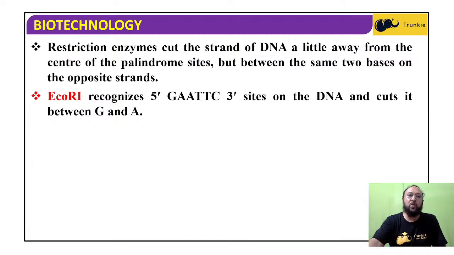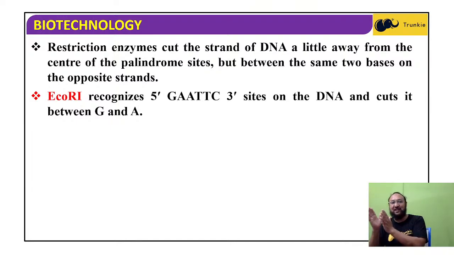So EcoRI recognizes the 5' GAATTC 3' site in the DNA and cuts between G and A. On the complementary side, the cut will not be right in front of the GA, but a little away, in front of the TC or TT.